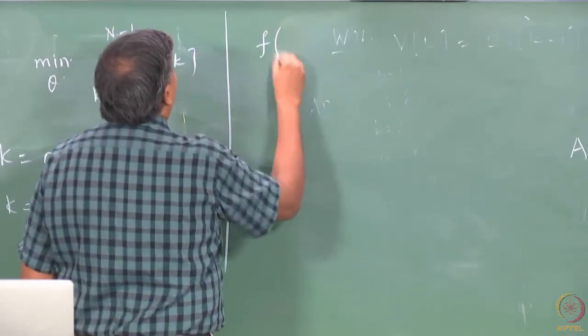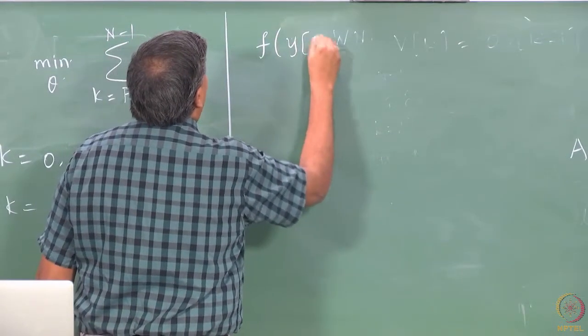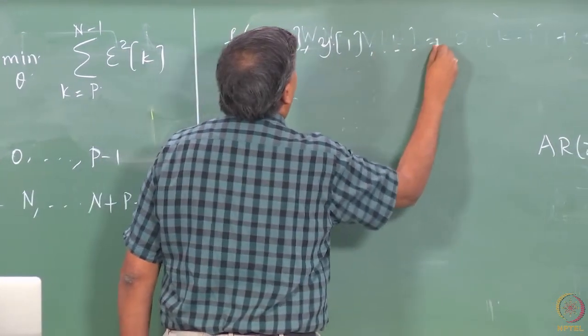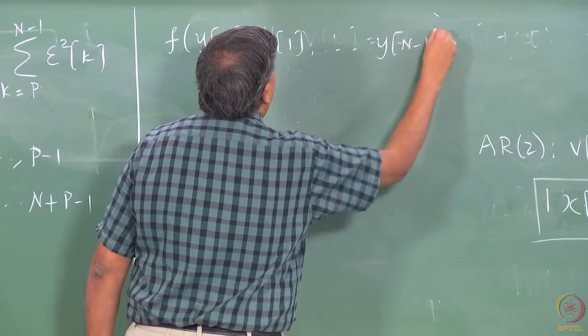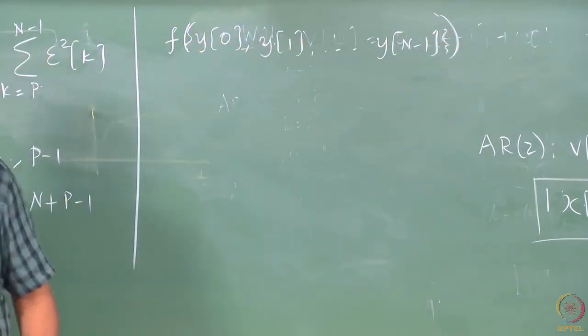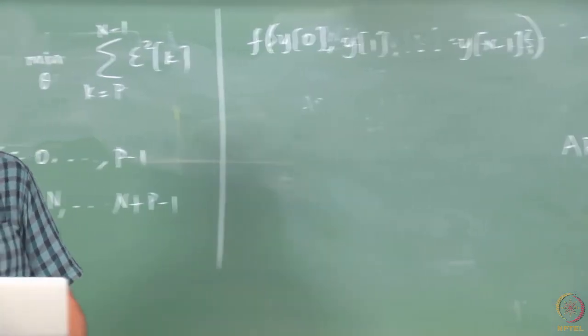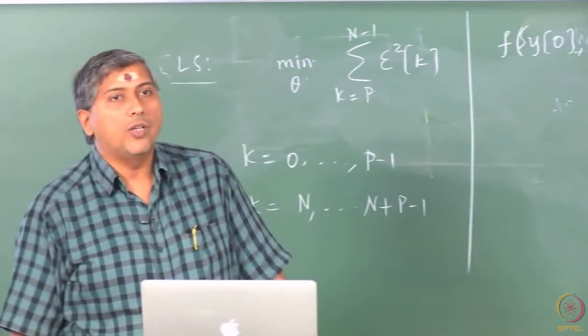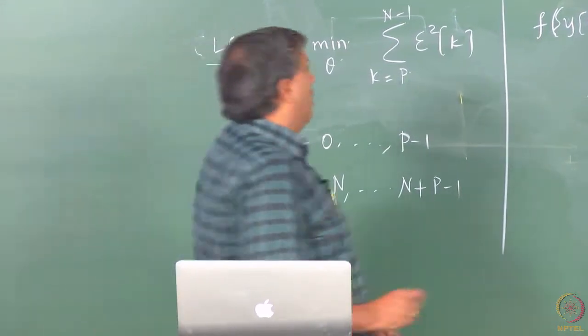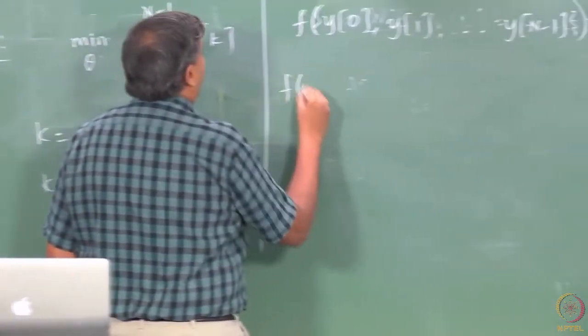So, what we need is the PDF of y0, y1 up to yn minus 1. So, this is what I need, f of y0 up to yn minus 1. Unfortunately, I cannot write this as a product of marginal PDFs, but there is a way out, and the idea is very straightforward.